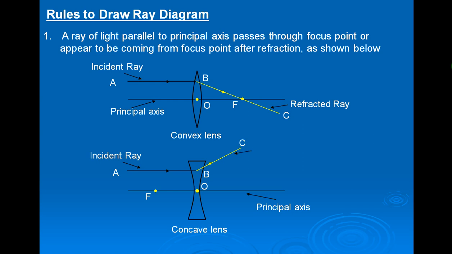So BC is a refracted ray of light which appears to be coming from focus point F. Therefore, any incident ray of light parallel to the principal axis, after refraction appears to be coming from the focus point of a concave lens. This is our first rule.